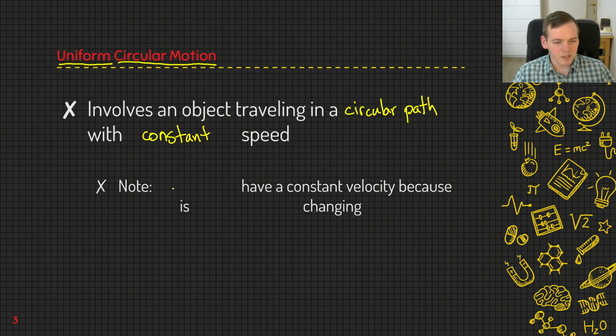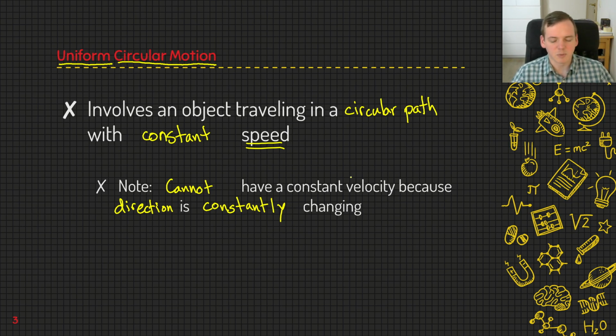And so something to note really quickly here is that it does not have constant velocity. Notice we said speed, but not velocity, because the direction is constantly changing. If you're moving in a circle, you're not moving in a straight line.